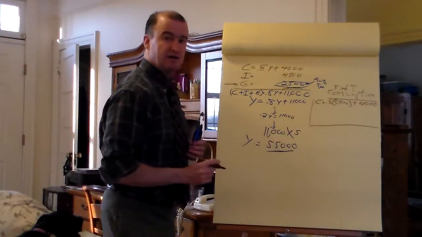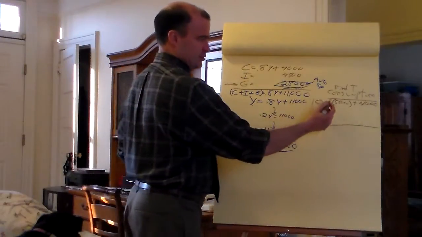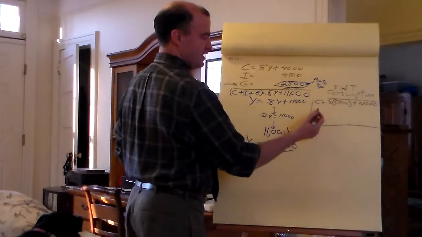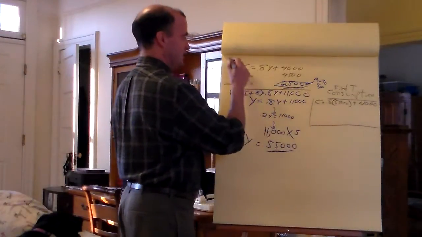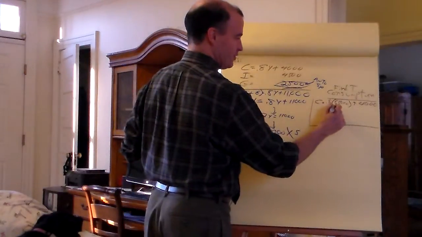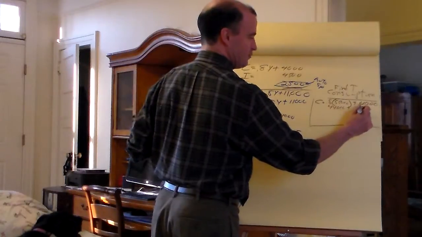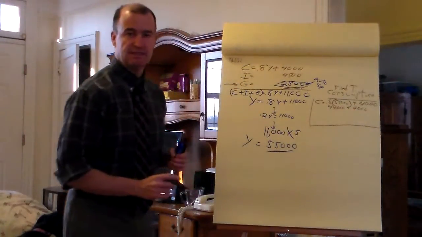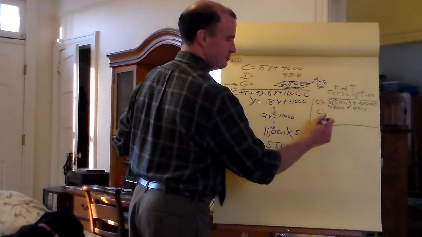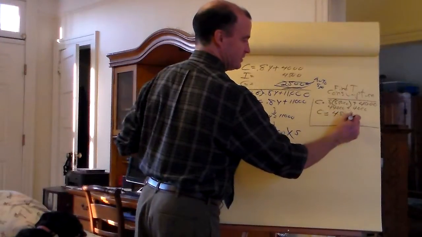Eight fives are 40. So I'm thinking 40,000, 8/10 of 50,000, and 8/10 of 5,000 is 4,000. So I'm thinking 44,000 here. And another 4,000 there from Uncle Harry. And I get a total consumption of 48,000.